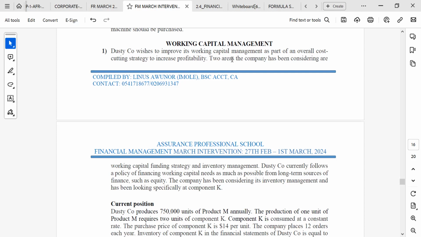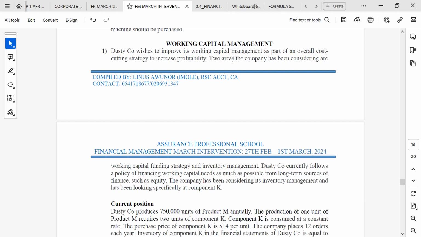Dastico wishes to improve its working capital management as part of an overall cost-cutting strategy to increase profitability. Two areas the company has been considering are working capital funding strategy and inventory management. Dastico currently follows a policy of financing working capital needs as much as possible from long-term sources of finance, such as equity.